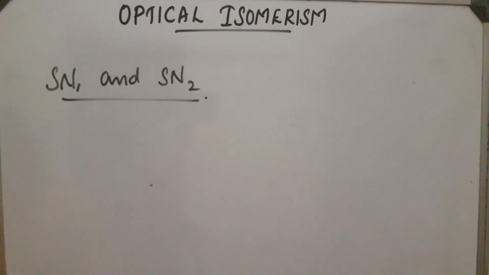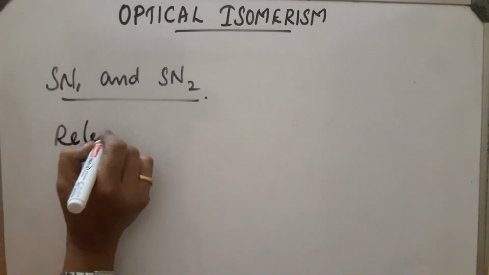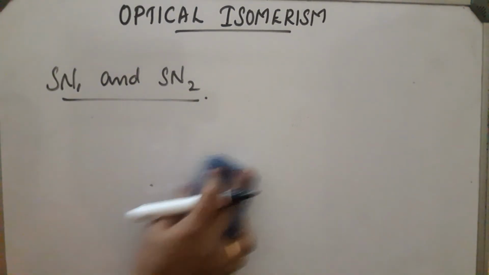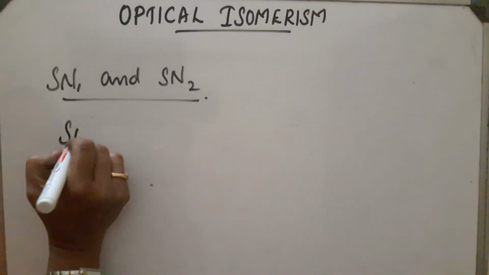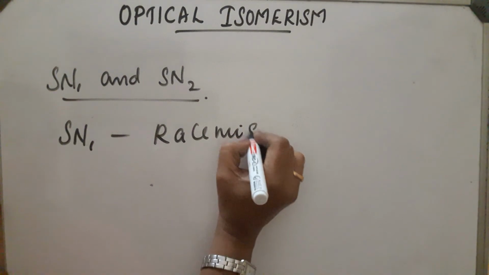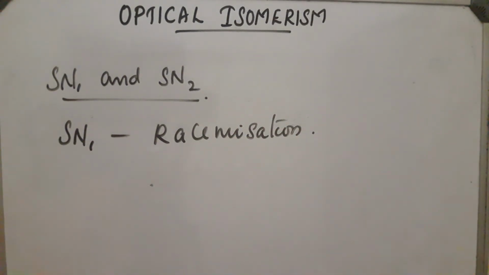In such cases the reagent can attack from both directions, so retention and inversion take place in the ratio 50:50. So in the case of SN1, racemization takes place.